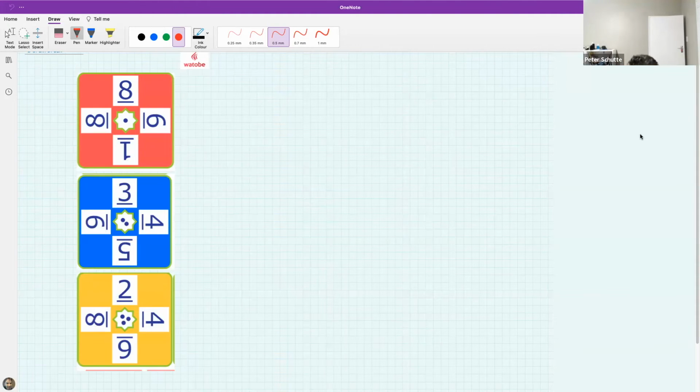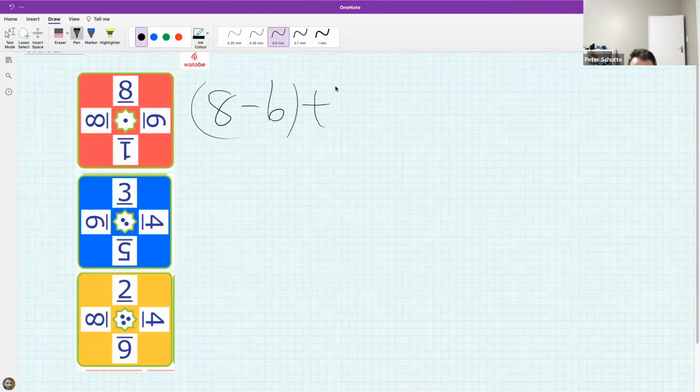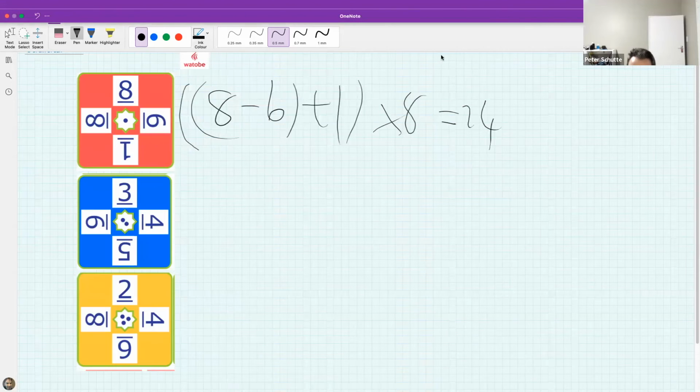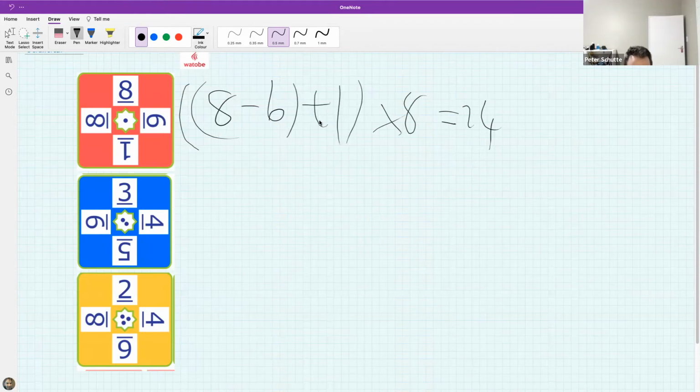I think I've got the red one. Let's have a look. What do we have? So Andile has 8 minus 6 plus 1, which is 3. And if you take all of those, you times it by 8, you get 24. Yeah, nicely done. Anyone got the blue and the yellow?